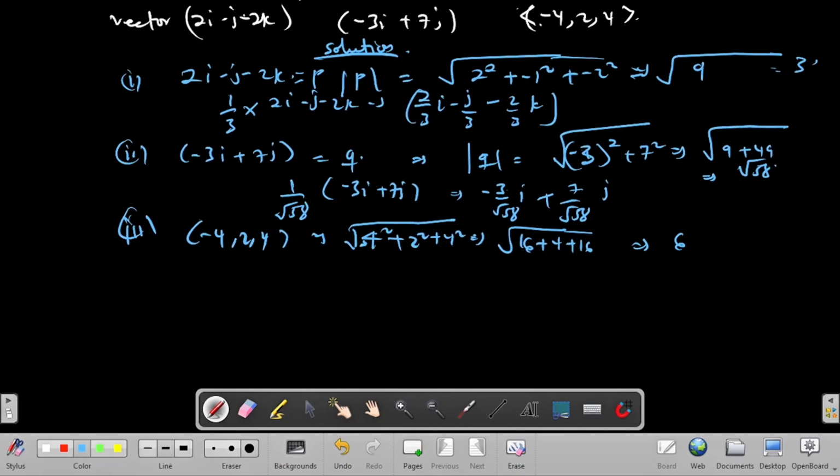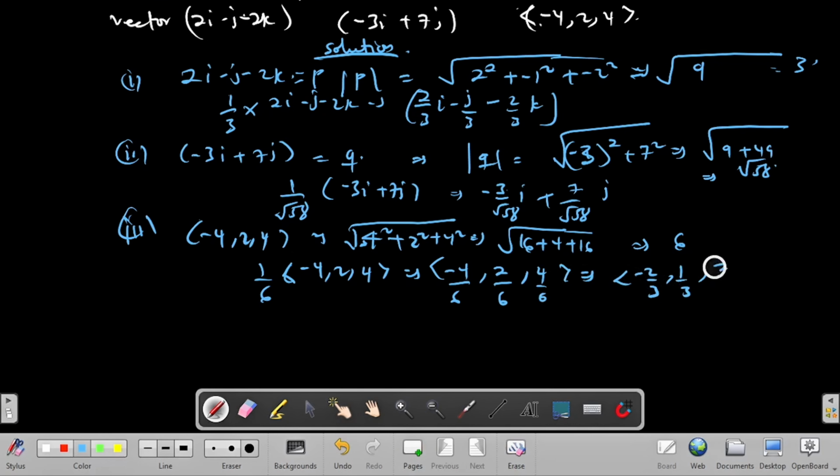Therefore, I have 1 over 6 multiplying the vector negative 4, 2, 4. This gives us negative 4 over 6, 2 over 6, 4 over 6, which is equal to negative 2 over 3, 1 over 3, 2 over 3. As simple as that. So that is all for unit vectors.